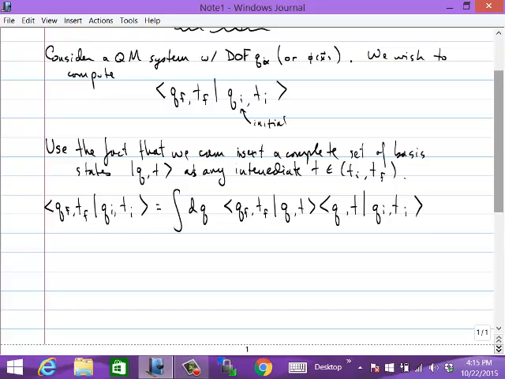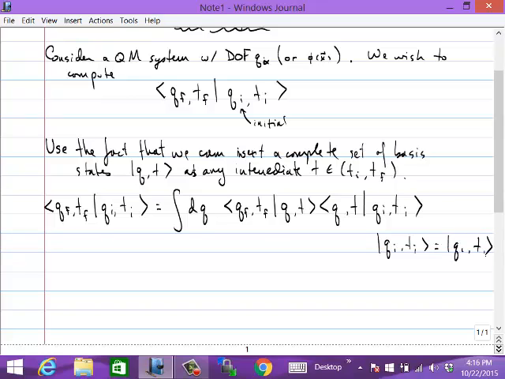And now I'm just going to not do anything again, and I'm not going to do anything again many, many times. So in particular, just to make the notation a little bit clearer, I'm going to give a name to t initial and q initial. I'll call that q1, t1.